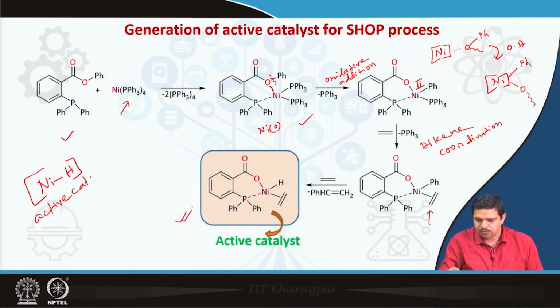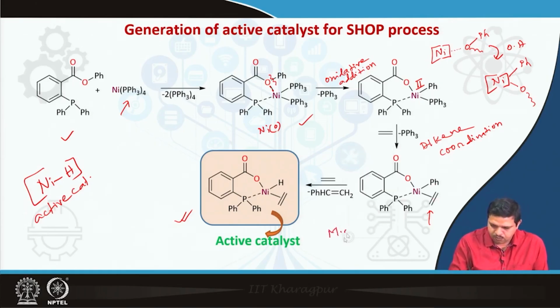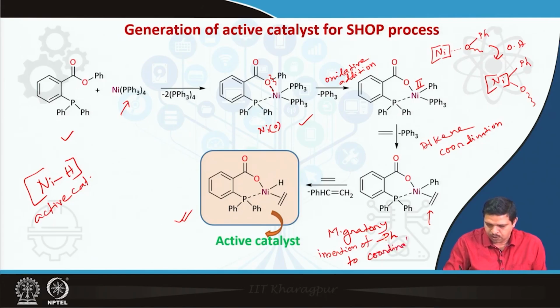So what is happening here, you will see, the phenyl is here and the alkene is here. So what is undergoing? It is migratory insertion of phenyl to the coordinated alkene.